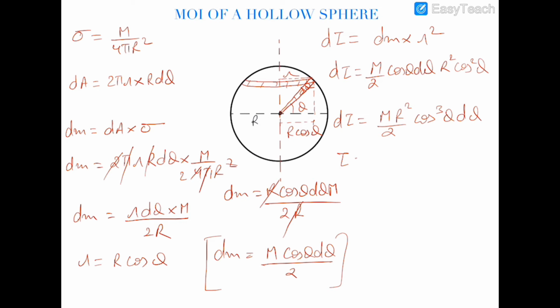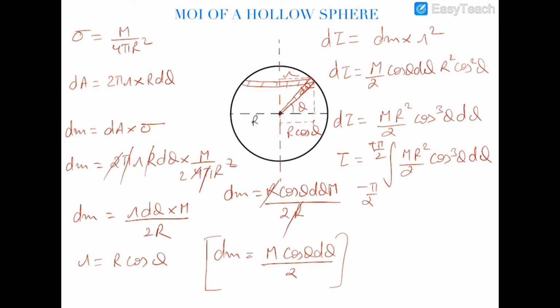Now the total moment of inertia would be the integration of dI, and therefore this is m r square by 2 cos cube theta d theta, and the limit of theta would be from minus pi by 2 to plus pi by 2.